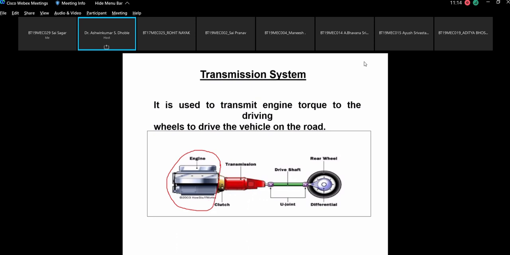This is the engine, the front end of the engine, and this is the belt system we have discussed in the previous classes. Now this is the engine, and this is the clutch housing which I have drawn. Then the transmission, then the universal joints, called U joints, and then it goes to the differential, and we have seen that power can be distributed evenly to the two rear wheels. So this is the transmission system.